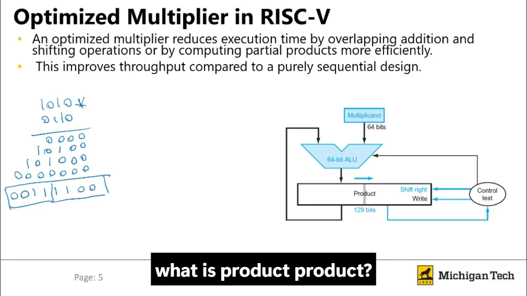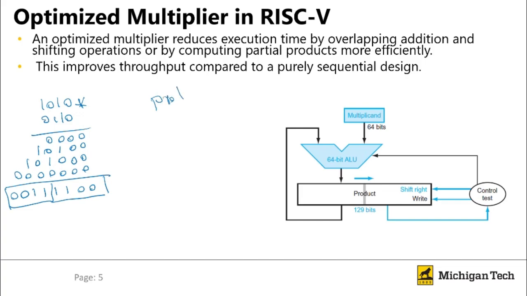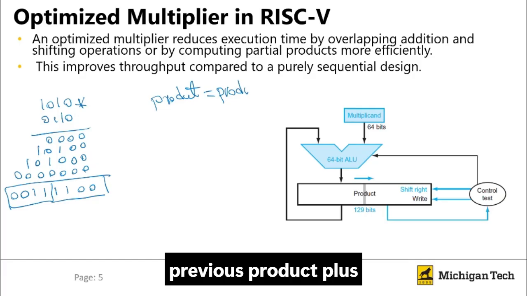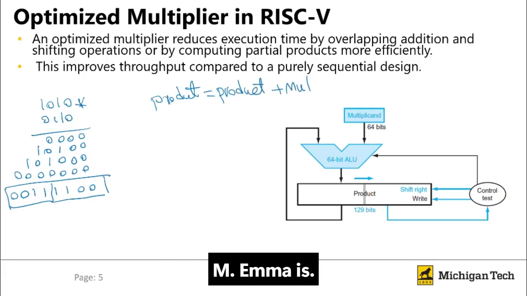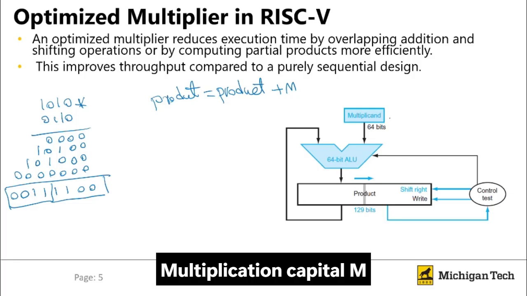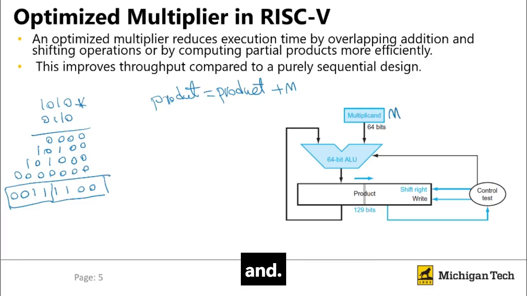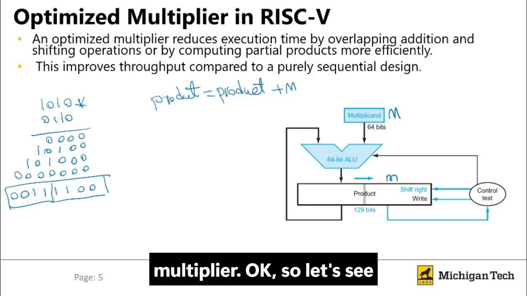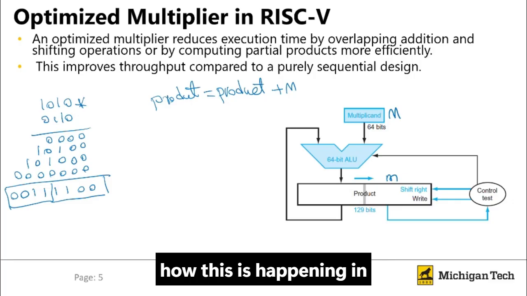What is the product? The product is equal to the previous product plus M. M is the multiplicand, capital M, and lowercase m is the multiplier. Okay, so let's see how this is happening in an example.